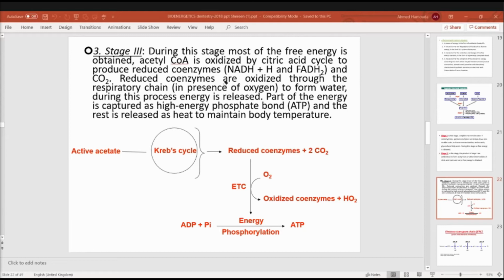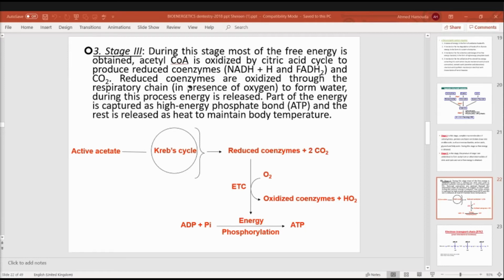So reduced enzymes: these enzymes are reduced when they take electrons. Why are we talking about electrons here? The energy is in the bonds that link, for instance, the glucose, or in this case the acetyl-CoA at the end, and the energy itself is in the electrons.